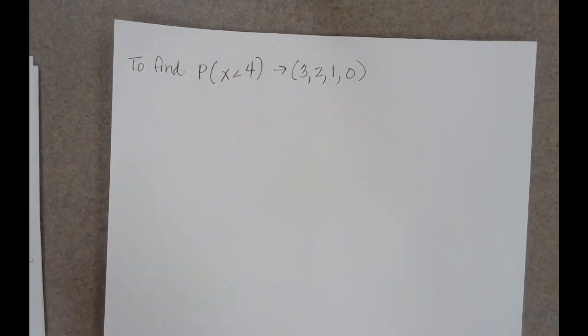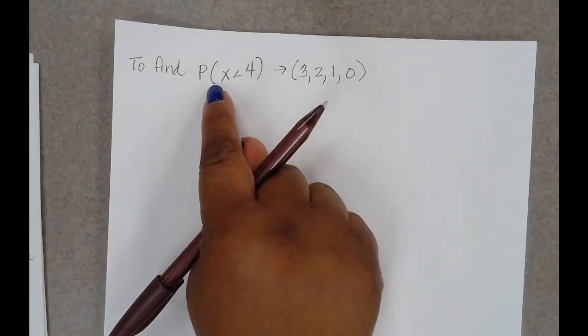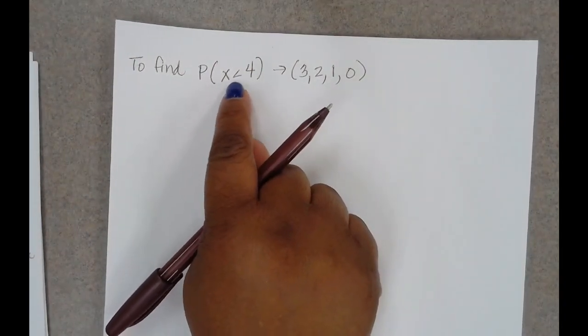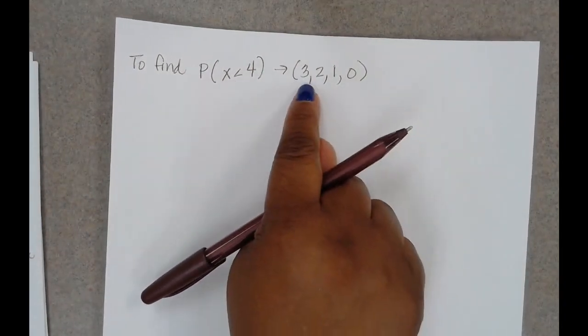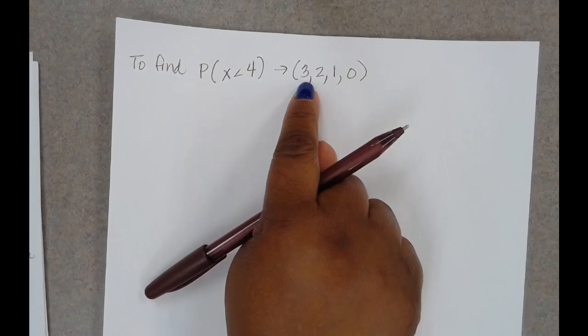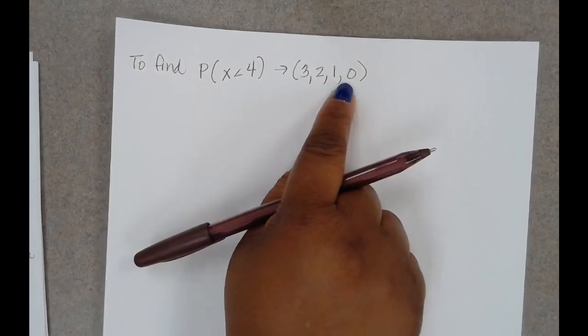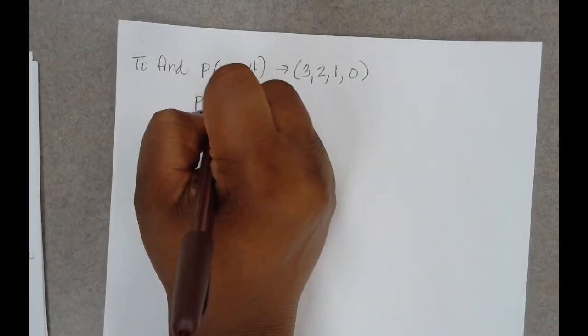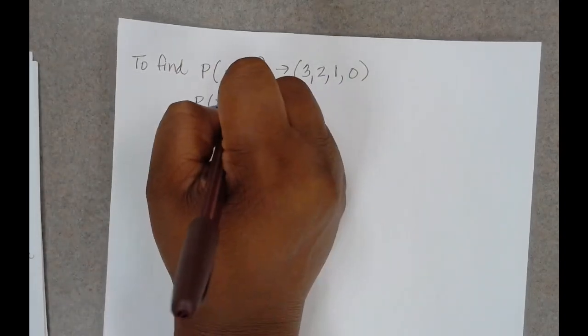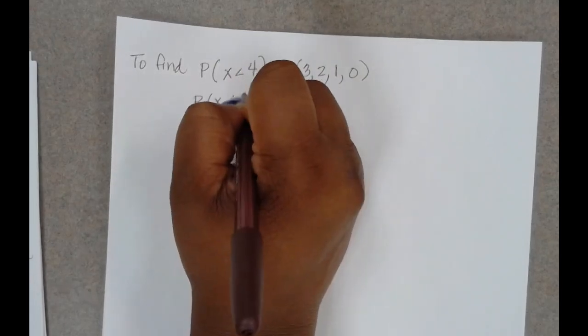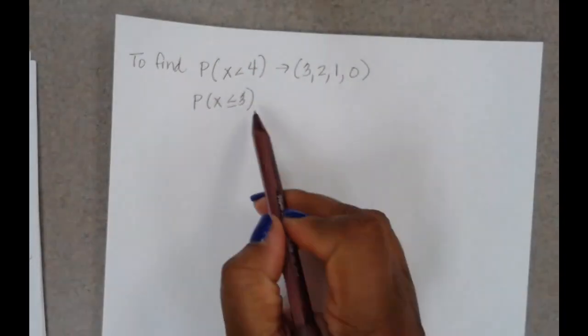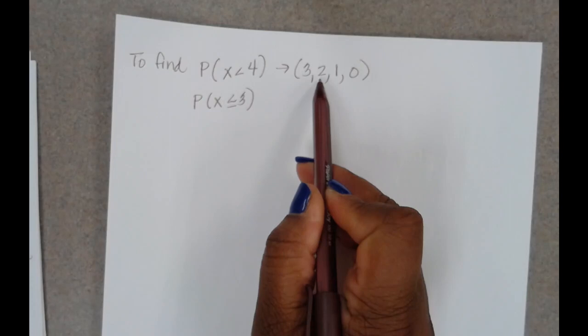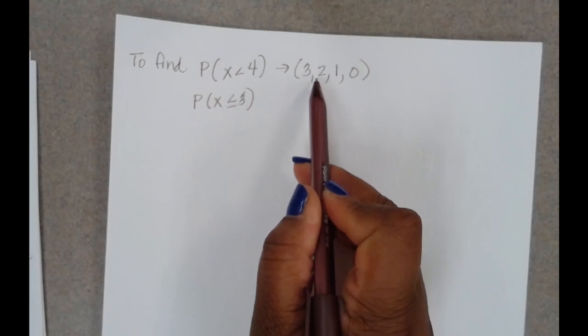Okay, so if P of X is less than 4 is representing these numbers, I can write that as P of X is less than or equal to 3. This represents this set, and now I have used the inequality symbol less than or equal to.